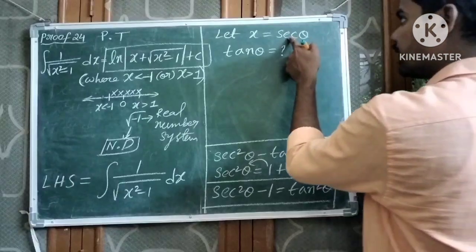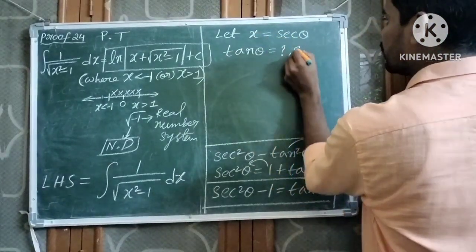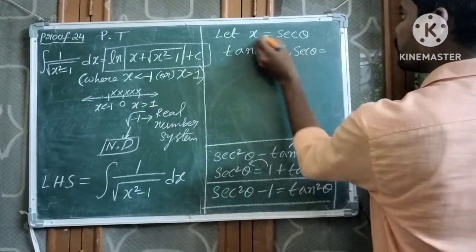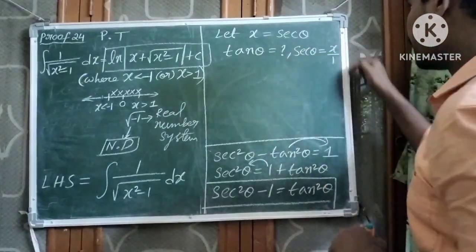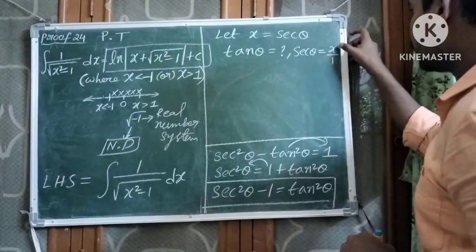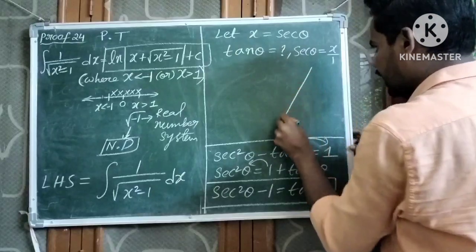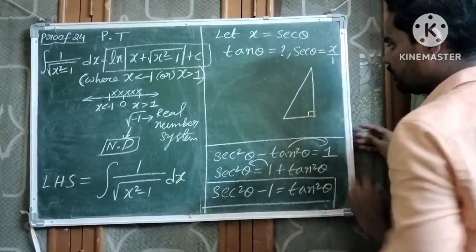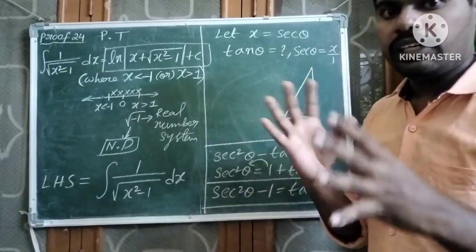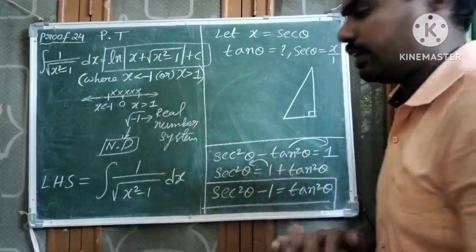See, x is equal to secant theta means secant theta is equal to x, which can be written as x by 1. So secant theta is the ratio of x and 1. Okay, so let us consider a right angle triangle. Why? Because all trigonometric functions are valid for a right angle triangle.